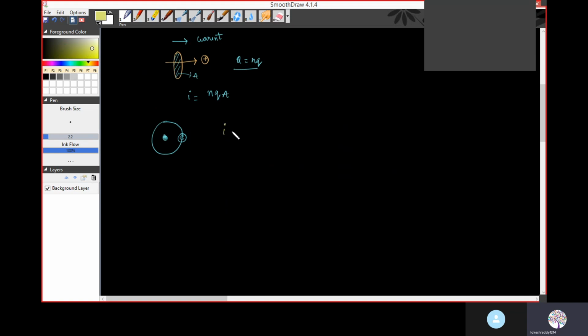Here I is equal to q by t, but 1 by t is equal to frequency nu. So I is equal to q nu. The time period T is equal to 2 pi r by v, where v is the velocity with which it is traveling.